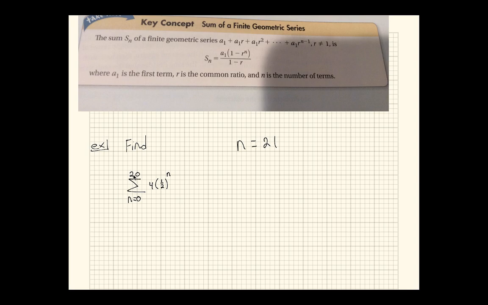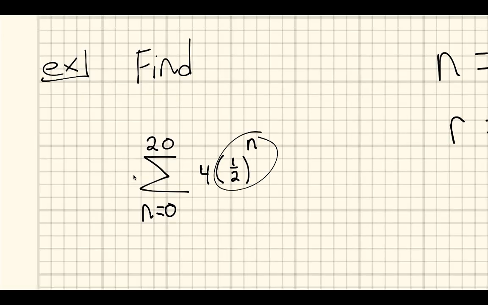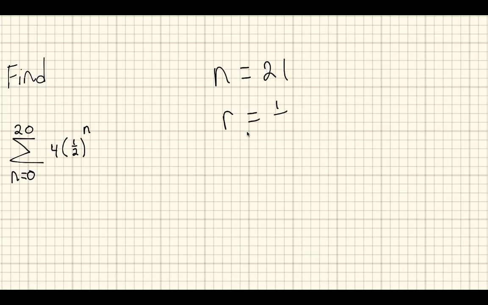Common ratio, r, is, well, for this rule, depending on what n is, we're multiplying by 1/2 each time. So it'll be 1/2 times 1/2 times 1/2. So my common ratio is 1/2.